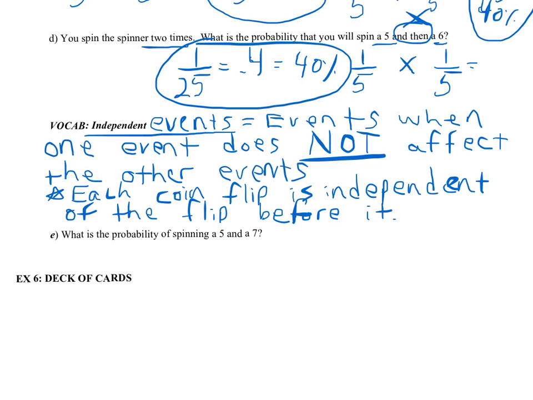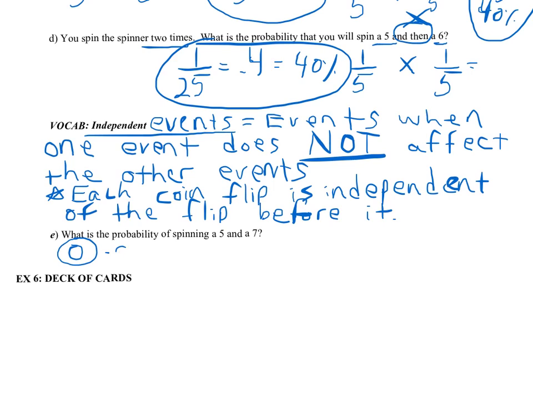It doesn't say and then a 7. It just says and a 7. So we're spinning the spinner one time. If you spin the spinner one time, can you get a 5 and a 7 in one spin? And the answer is no. It's impossible. So when it's impossible, we say that the probability is 0.